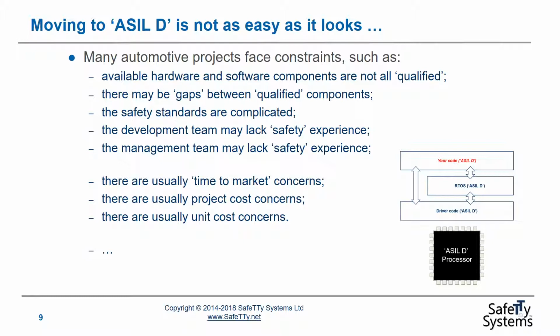The development team may lack safety experience. The management team may lack safety experience. There are often very severe time to market concerns. There are usually project cost concerns, and there are usually unit cost concerns. Somehow or other, we've got to create our safety-related ASIL D design in the face of these significant constraints.